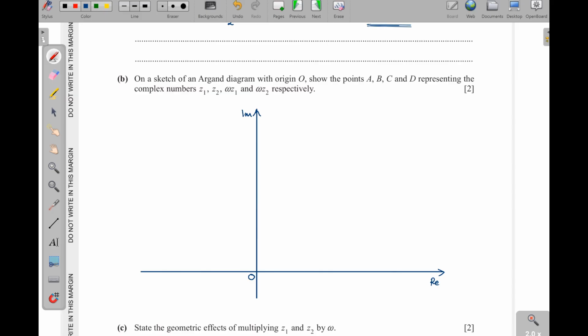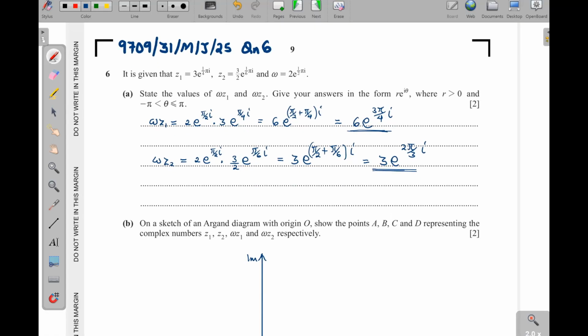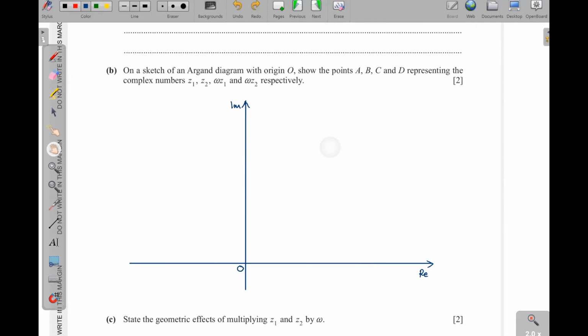Here we don't know the x coordinates and the y coordinates, so we don't need to convert, because e to the power of i theta is the same as cosine theta plus i sine theta. So we don't need to do all of that. Even these 2 marks they have given us, it is just wastage of time. So we are going to just estimate. First of all, these are 4 quadrants. Here, here, here, and here.